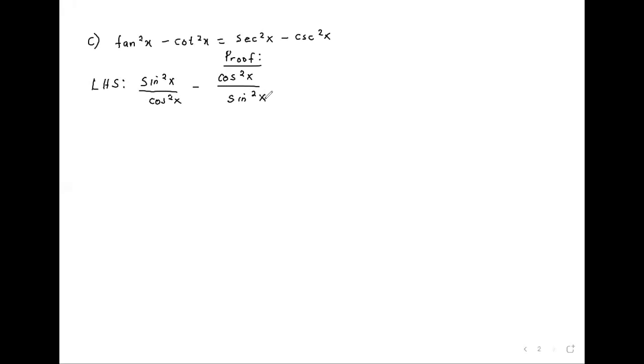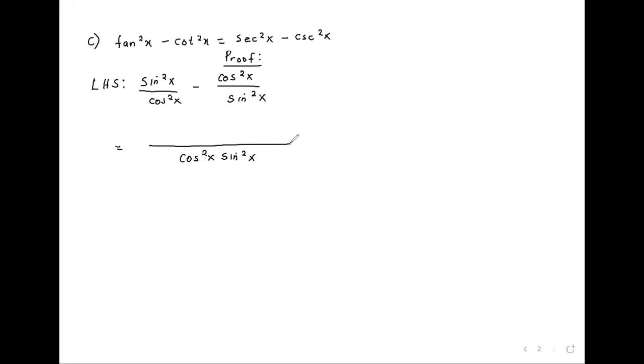Crucial here. Let's get the common denominator. How do we get it? It looks like these are going to blow up. Okay, let's see. Suppose we get the common denominator to be cos squared x sine squared x.